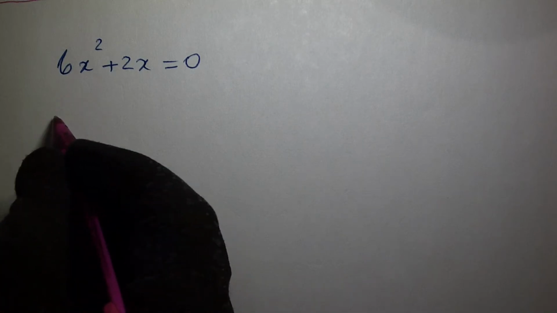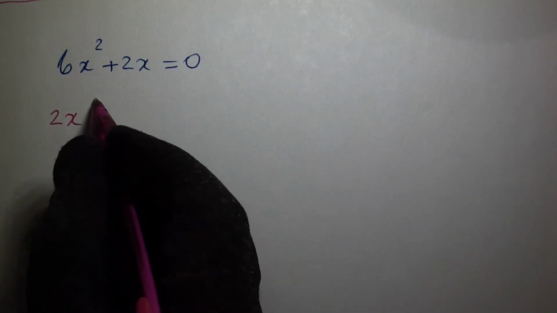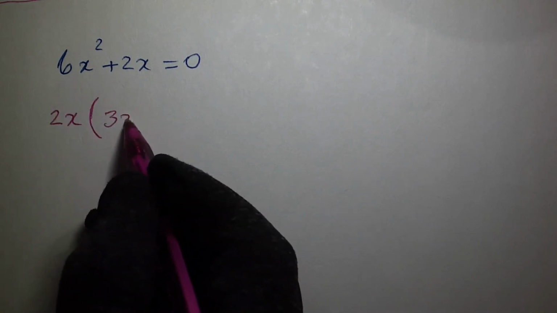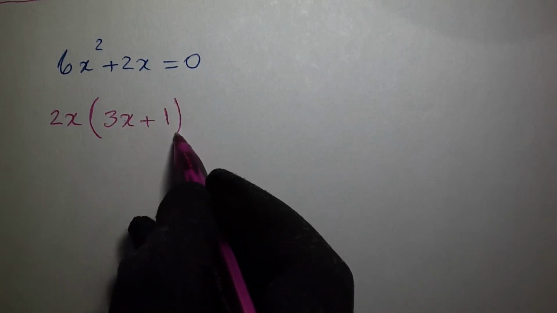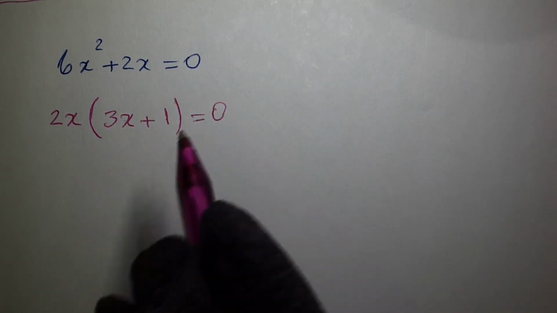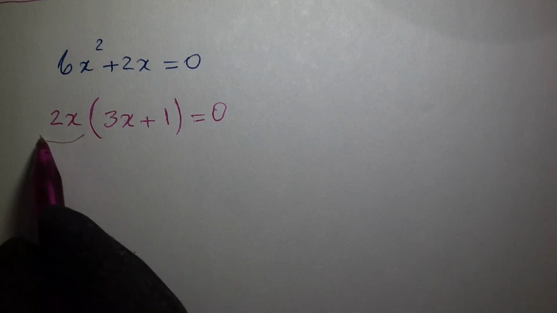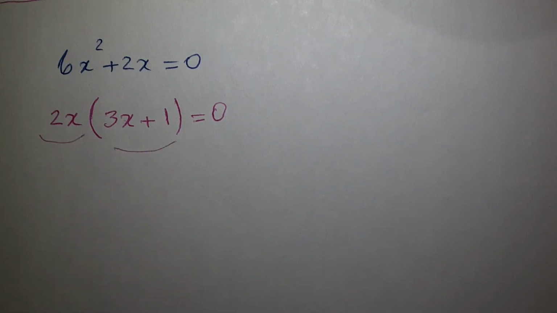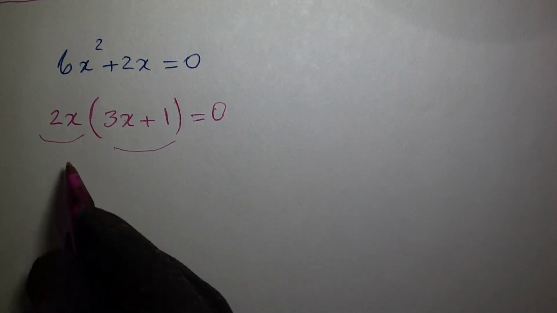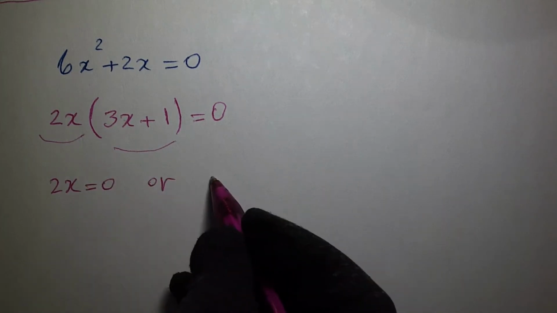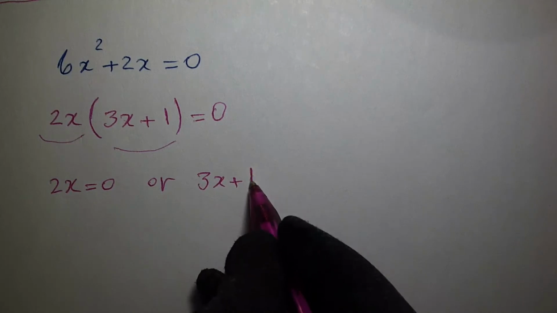So we factor 2x from both terms. It's going to be 2x times 3x plus 1 equals 0. We factored the left side of this equation. Now, the multiplication of 2x and 3x plus 1 is 0. Using the zero product property, 2x could be 0 or 3x plus 1 is 0.